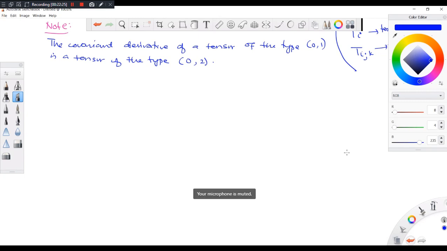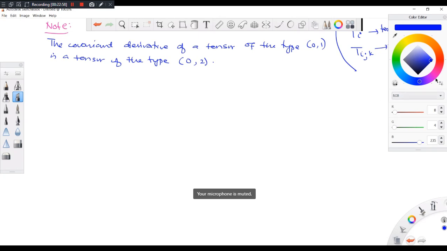If we take the vector analogy, differentiating a curve, then differentiating a vector would also give us a vector. Yes. So mainly you are interested in quantities which transform like a tensor. That is the main reason for that.